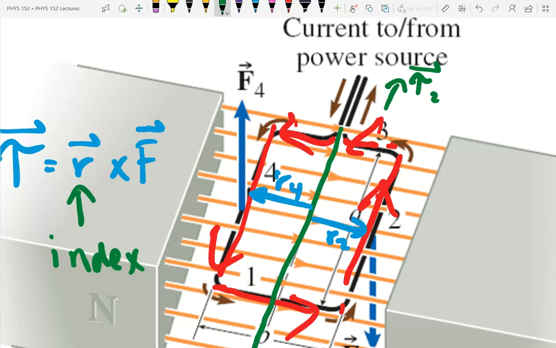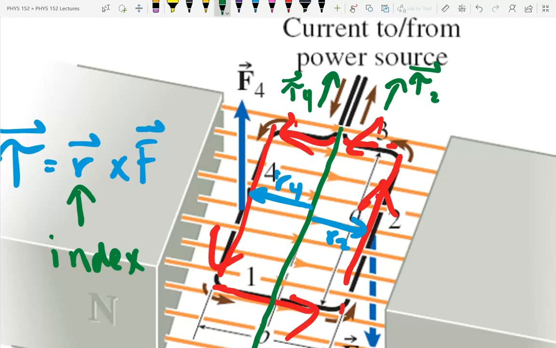Now from R4, what direction does my index finger need to point? Need to reverse the index finger, also reverse the middle finger, and my thumb again points that way for torque 4. So the forces added up to 0 because the forces were in opposite directions.